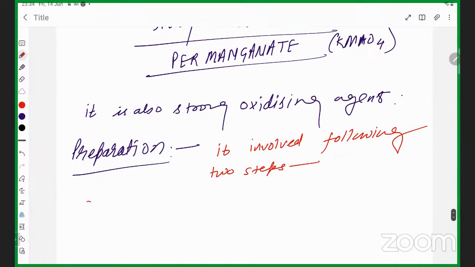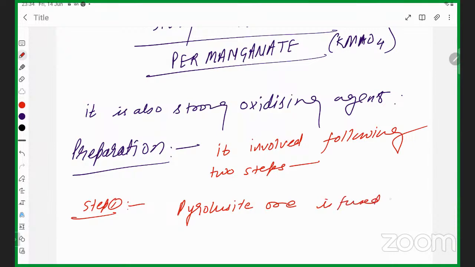Step one. In the presence of an oxidizing agent, pyrolusite ore is fused with what?